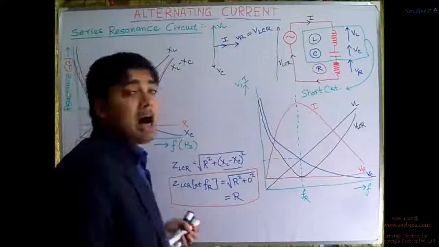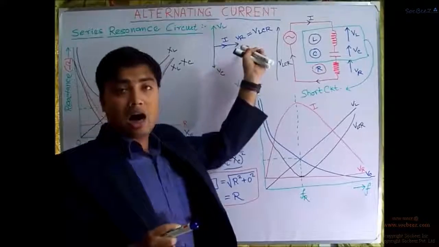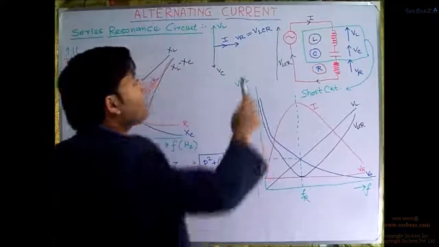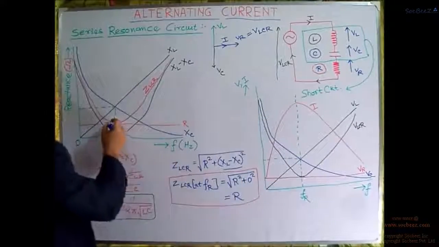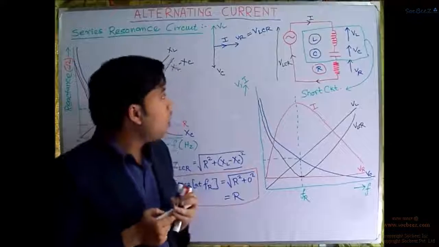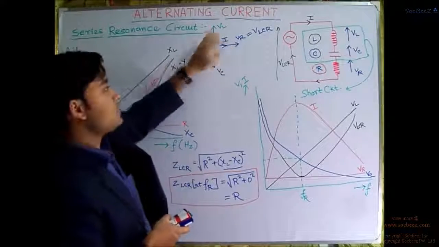The value of I will obviously be the value of R at this particular point divided by the impedance, or ZLCR, as we know. So over here we could say that this I is smaller, if this is the phasor diagram.